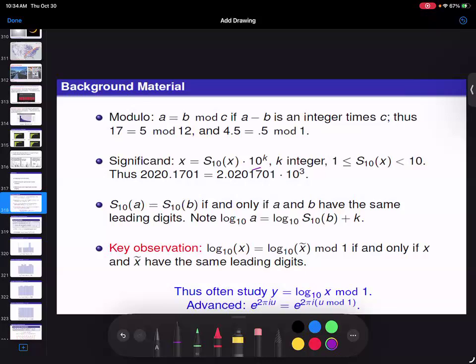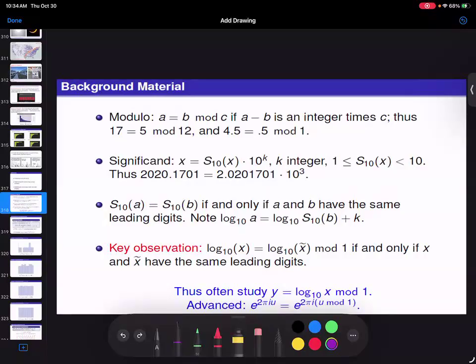Well, the log of 10 to the k base 10 is just k, it's just an integer. And that's why two numbers, A and B, will have the same leading digits if and only if they have the same significand, because they will then differ by some integer power of 10. And when we take the logarithms, it gives us an integer.